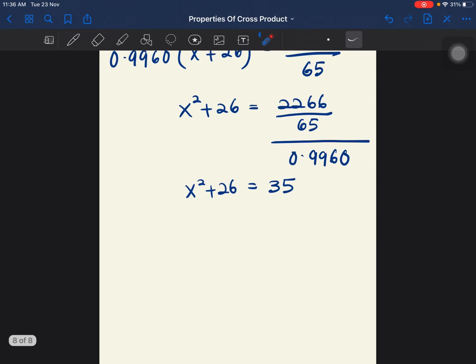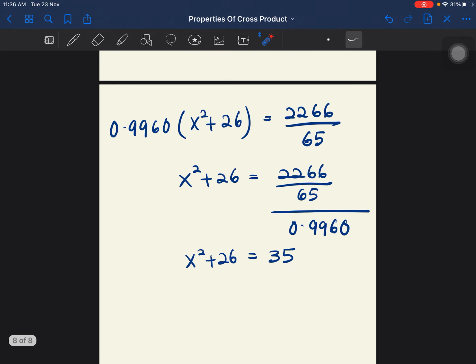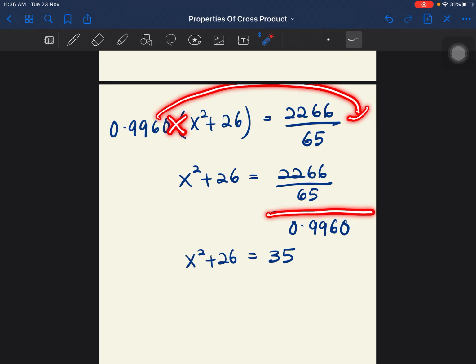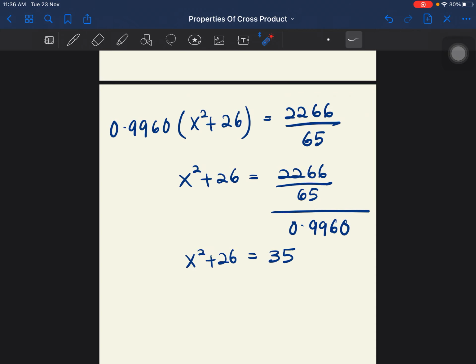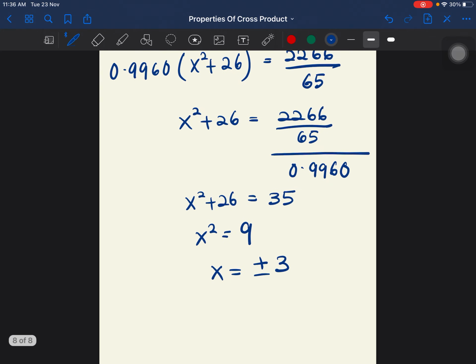Yes. Since this one is plus, when you bring it to this side, it will give you minus. This one is multiplied, so when we bring it to the right hand side, you will have divide. Therefore x squared is equal to 35 minus 26, which is equal to 9. So x is equal to plus or minus 3.